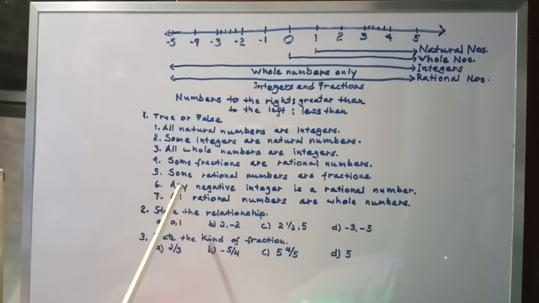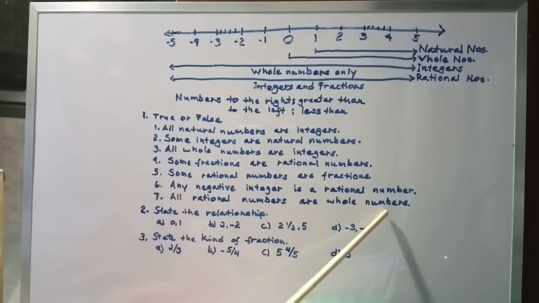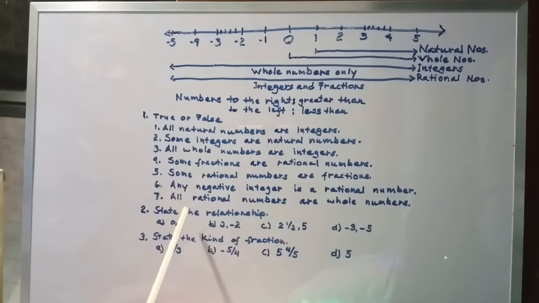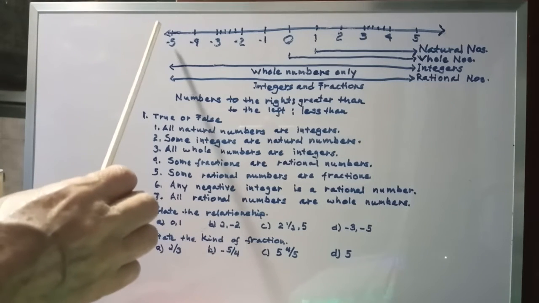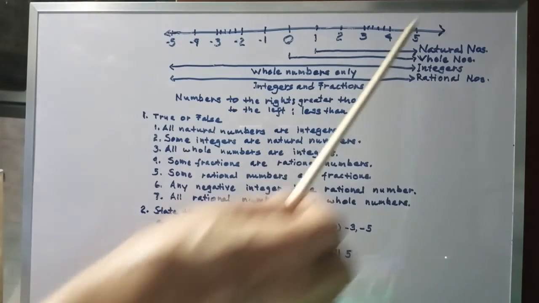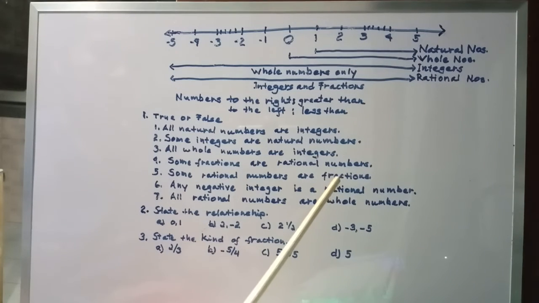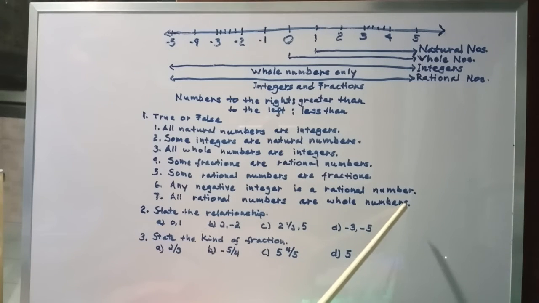Now let's go to number 7. All rational numbers are whole numbers. So this is a tricky question. All rational numbers. Now we know that all numbers from this point to infinity are rational numbers. And it says all rational numbers are whole numbers.